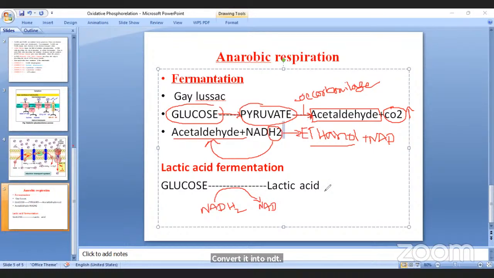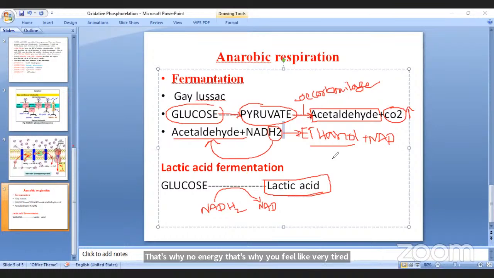No oxidative NADH2 was formed. So ATP generated is very less when compared with aerobic. That's why there is no energy, and you feel very tired and the muscle pains. Right? Is it clear?